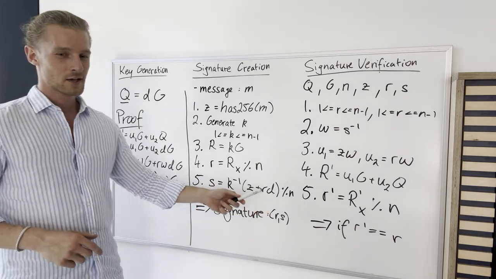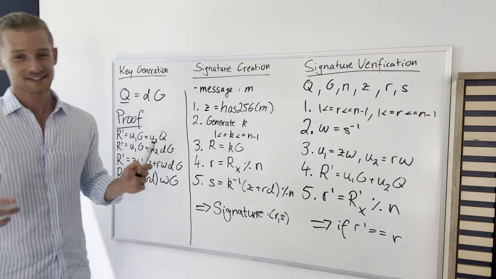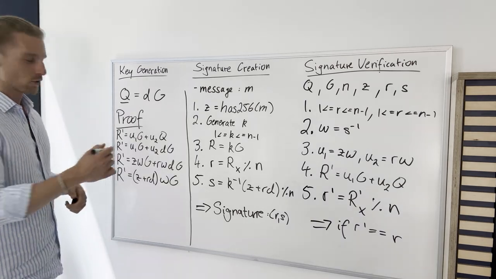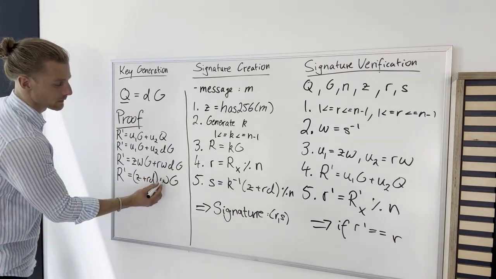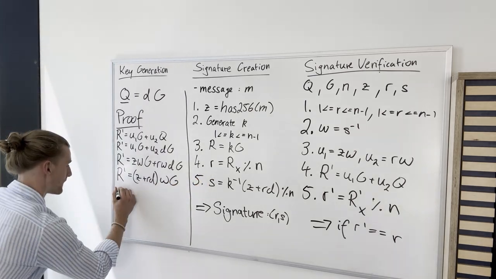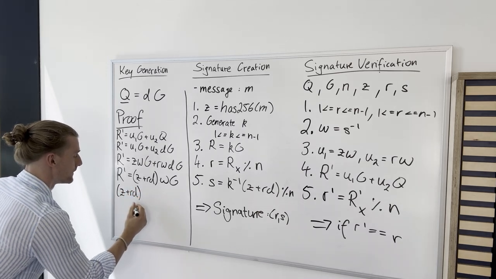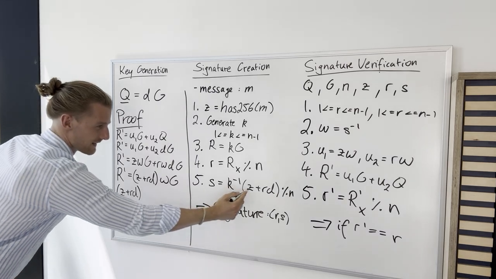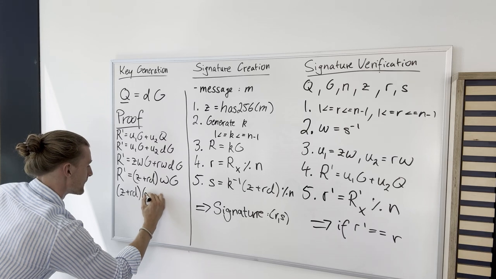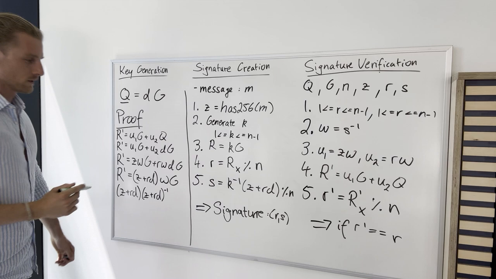Okay, but now remember that W is just the inverse of S, and S is equal to this. If we take the inverse of this, then we get the following. I'm going to omit the R apostrophe here now, just so we can write this all down. If we replace this W with the inverse of S, we get Z plus RD multiplied by the inverse of Z plus RD, so (Z plus RD) to the minus 1.